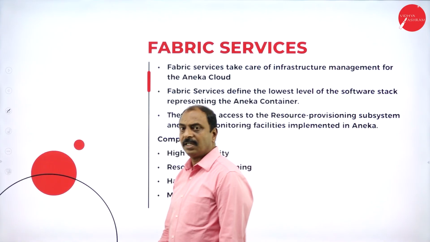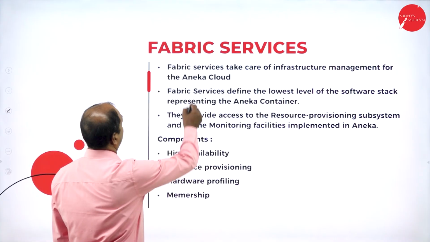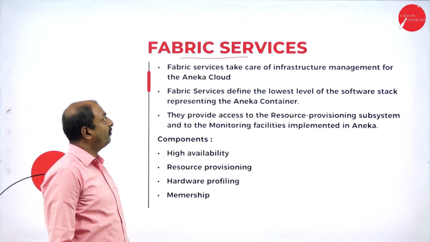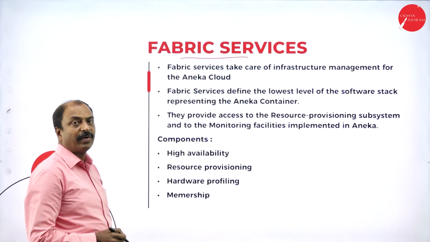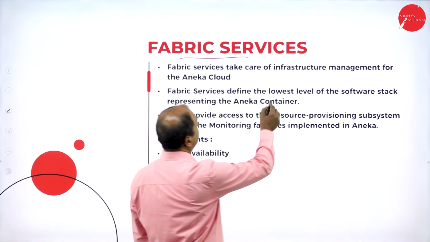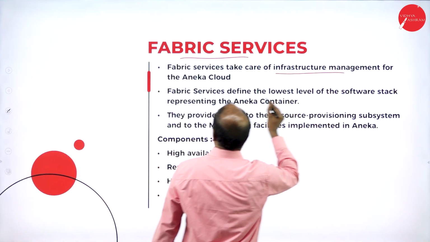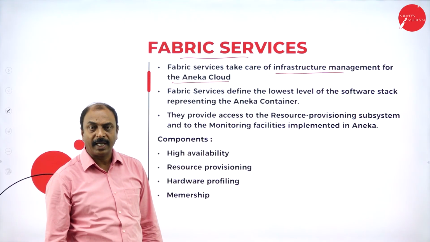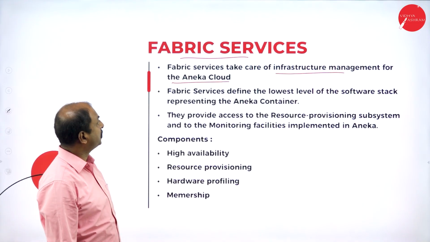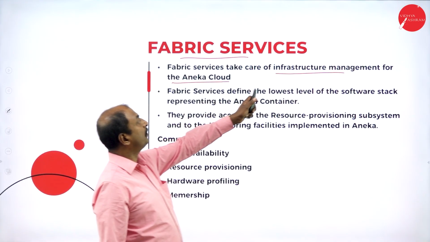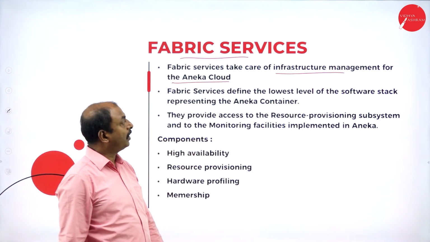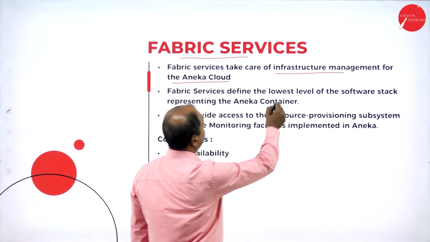Next, we move on to the next service, that is fabric services. Another type of service in the Aneka framework is fabric services. See, what is fabric services? It takes care of infrastructure management for Aneka cloud. If you look at the schematic diagram of the Aneka computing structure, the bottom layer is infrastructure. The Aneka middleware is deployed or installed on the infrastructure.